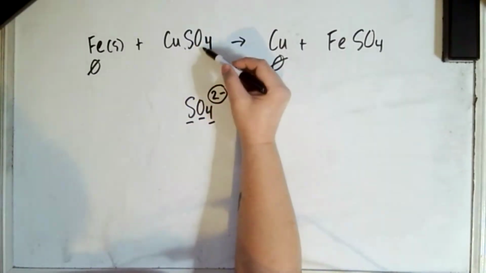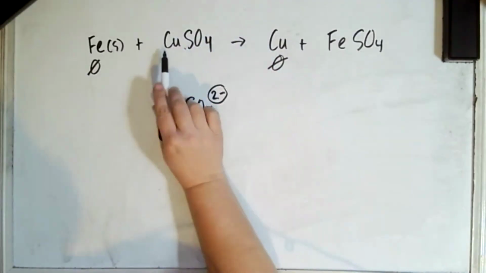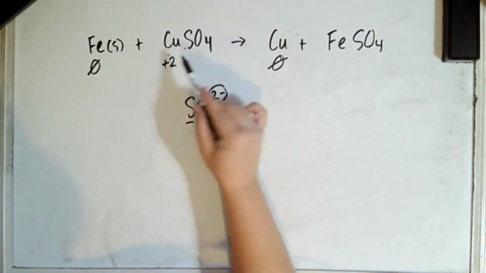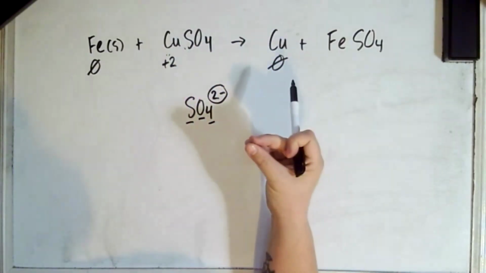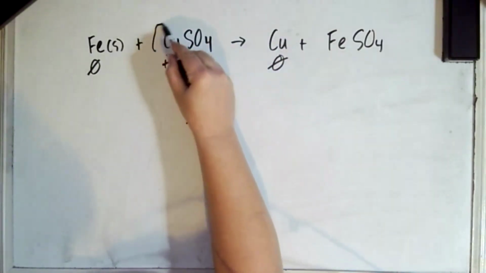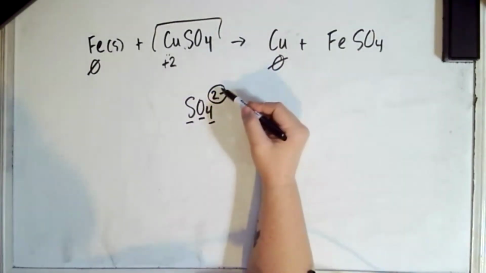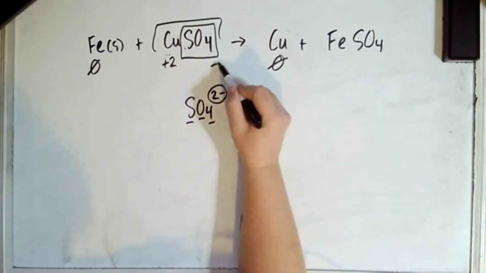If your sulfur and your oxygens all add up to -2, that means that the oxidation number on your copper has to be a +2. Because when I add my copper and my sulfate together, it has to add up to 0. Because my compound is neutral overall. So the oxidation of the sulfate ion by itself is -2.